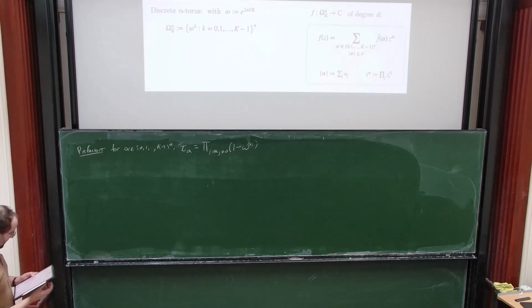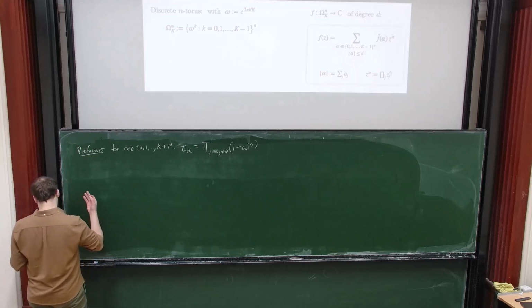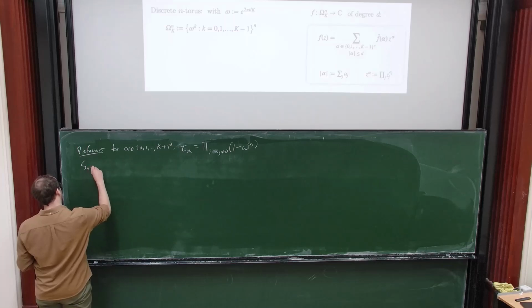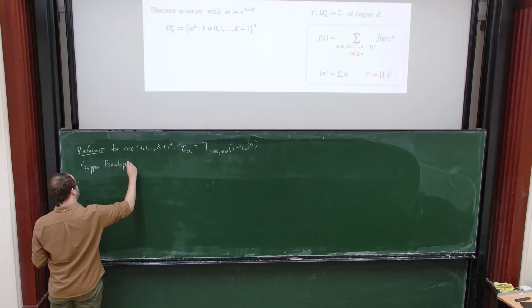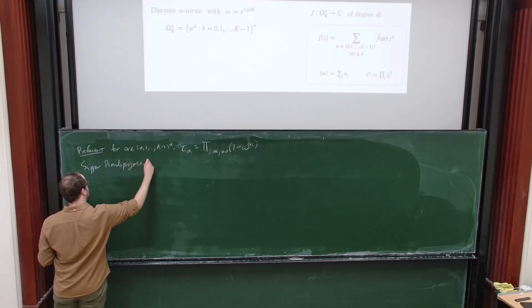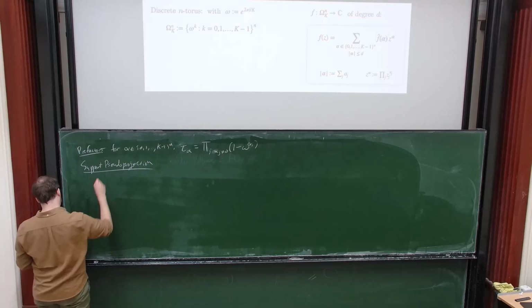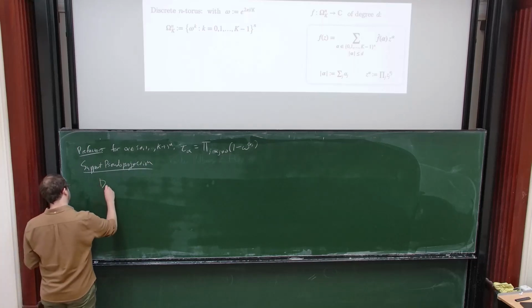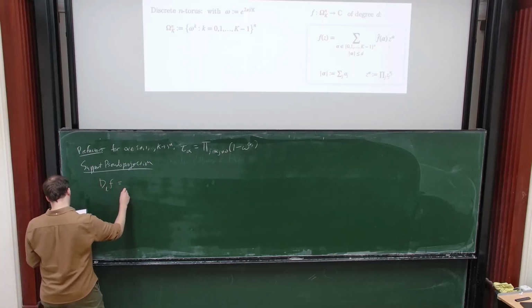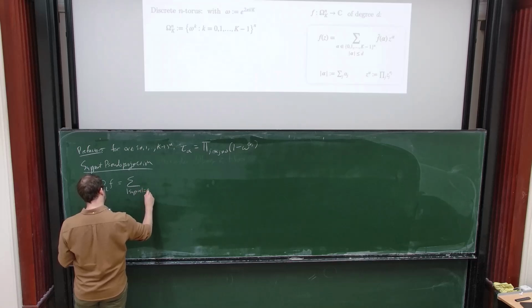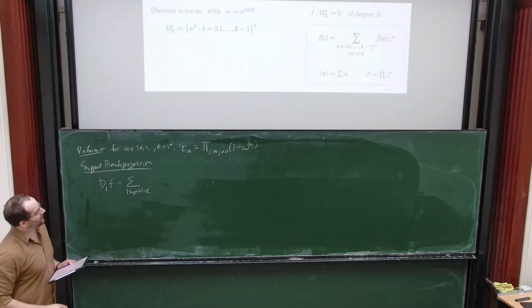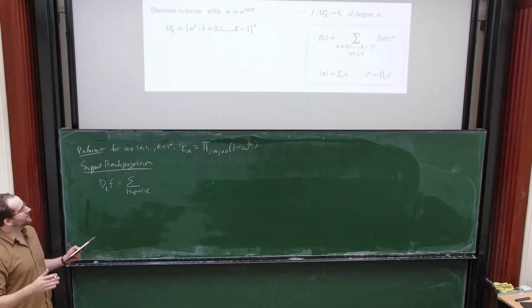And let's also define this thing that we call a support pseudo projection. So d sub L of f will be just the part of f where the support size is L. So by support of alpha, I mean the set of coordinates for which alpha sub that coordinate is non-zero.